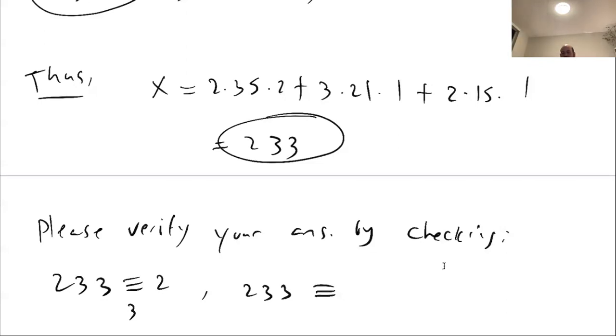So the meaning of the solution being unique mod m is that any other solution can be written as the first solution plus a multiple of m. So one solution is 233, and any other solution can be written as 233 plus a multiple of m, and m in this case is 105.